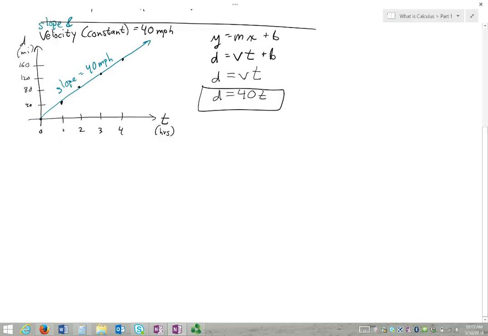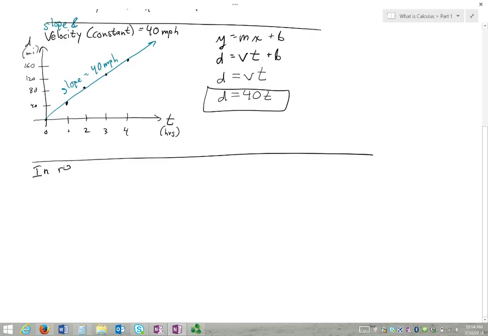In the real world, velocity is not constant. Velocity changes. We speed up, we slow down, we accelerate, we decelerate. And so that's where things get a little bit more advanced.